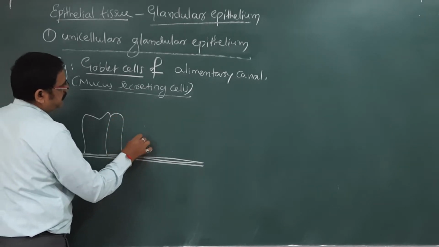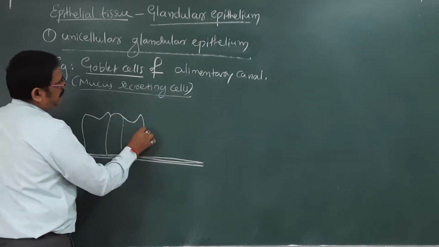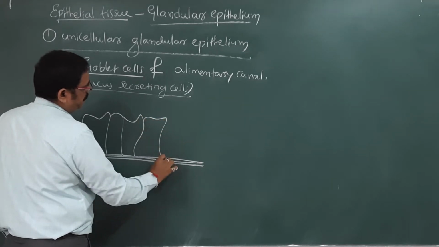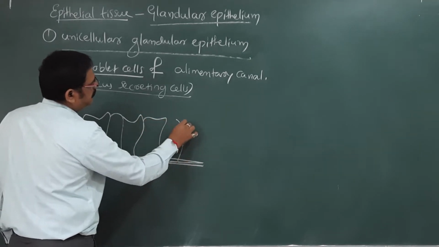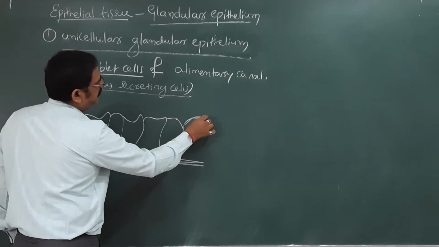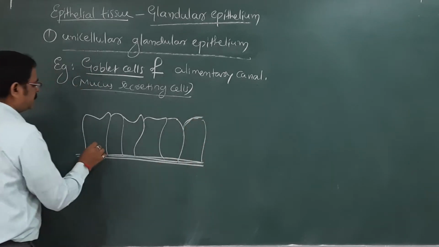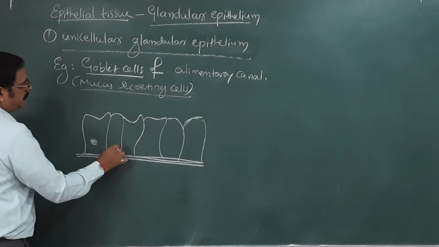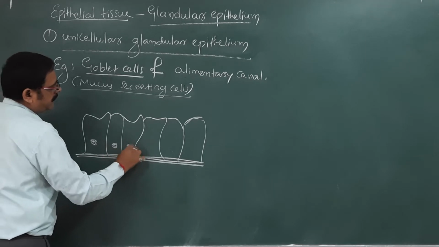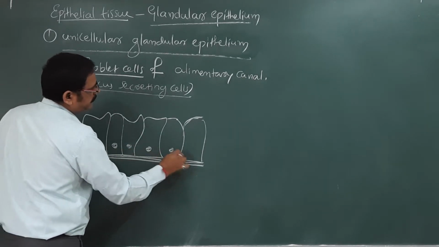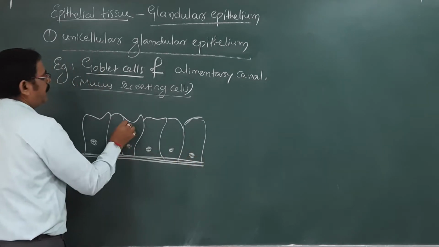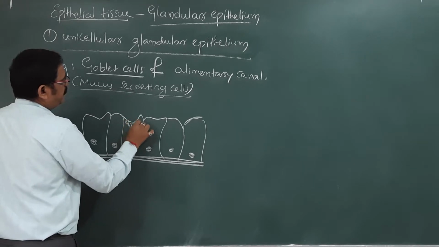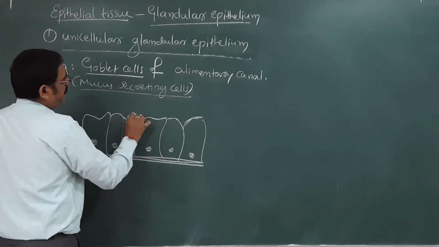These are the mucus producing cells we are observing. They have a nucleus, and the cells are compactly arranged and keep on producing lots of mucus.